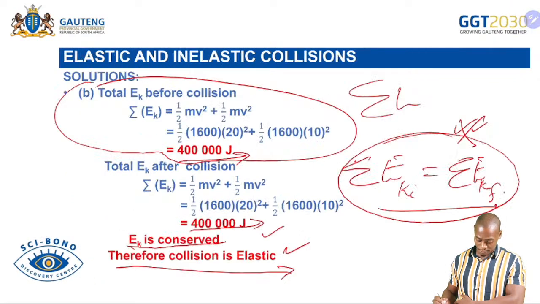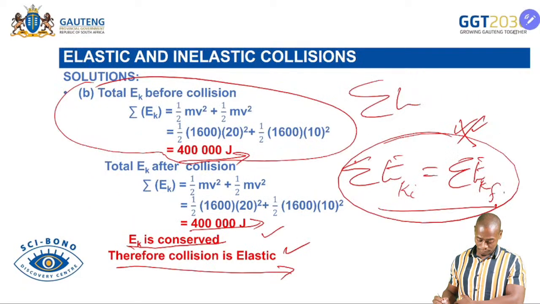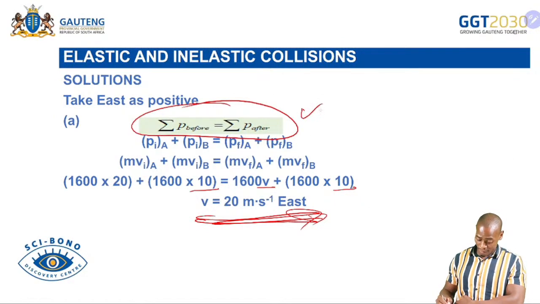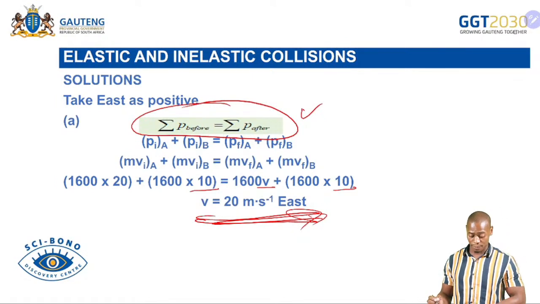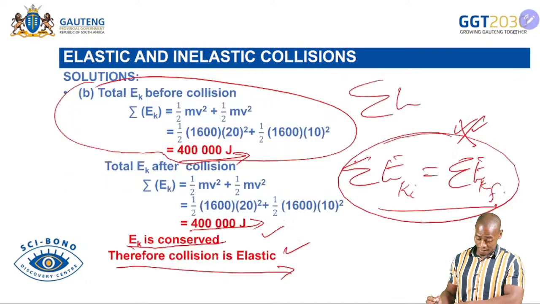Sorry about that. I want to go back. Yes, this and this one, right? So this one, remember, is the principle of conservation of linear momentum. If you do this already, you know that the collision is elastic.